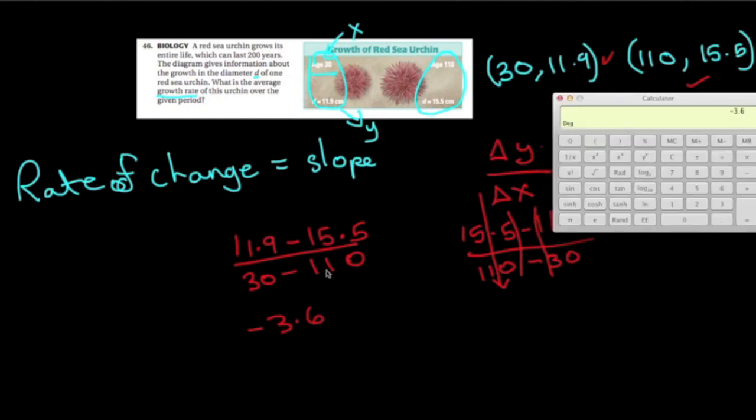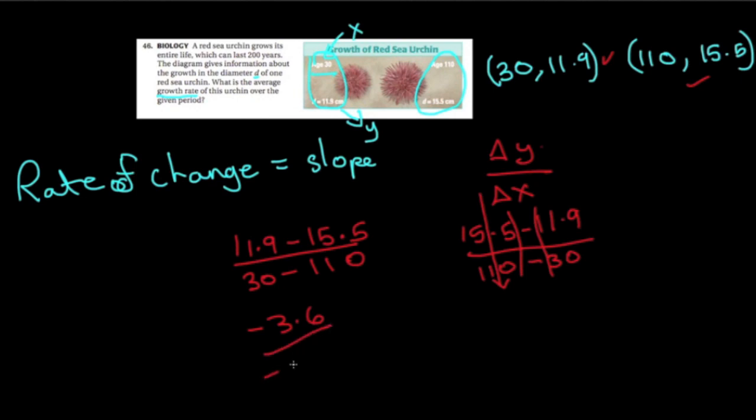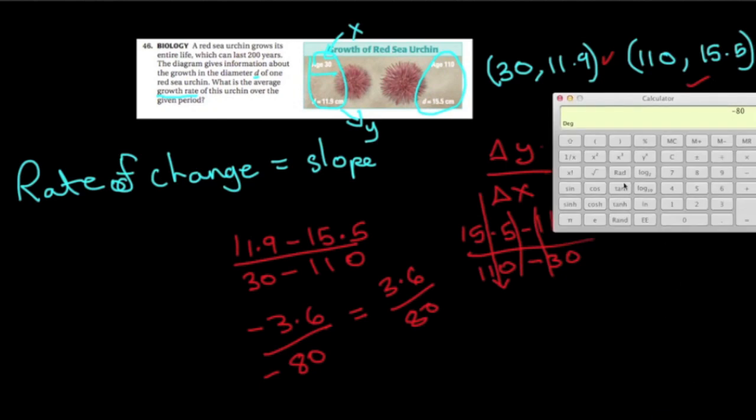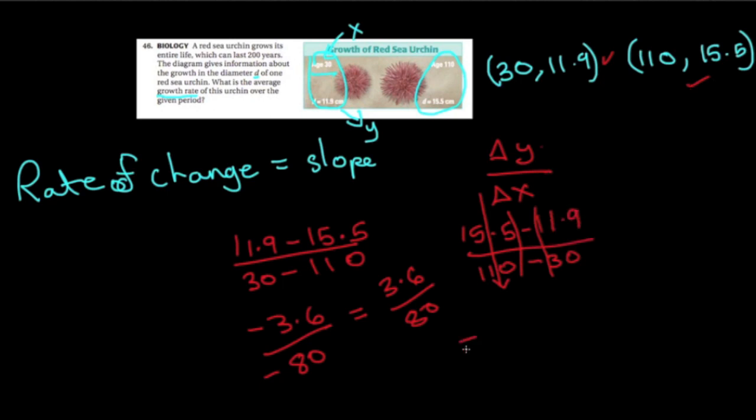And 30 minus 110 is negative 80. Now you can simply make this 3.6 over 80. It's the same thing, because negative over negative is positive. So let's do this in the calculator itself. 3.6 divided by 80 is 0.045.